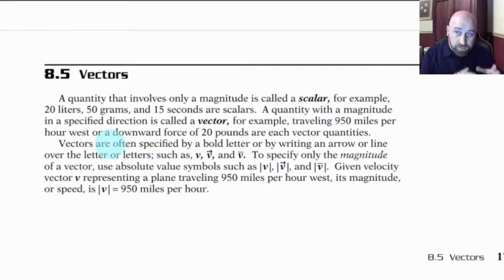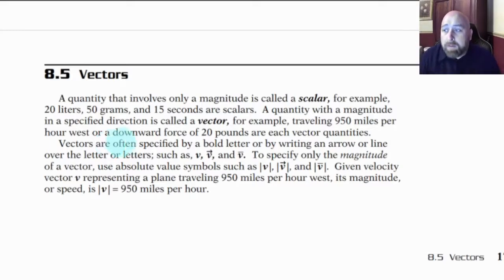So it's a direction and a measurement with it. Like the speed a car is driving, the rate at which something is falling, the amount of downward force, gravity, all these other things. This creates a vector. So it's a direction with some sort of a force behind it.